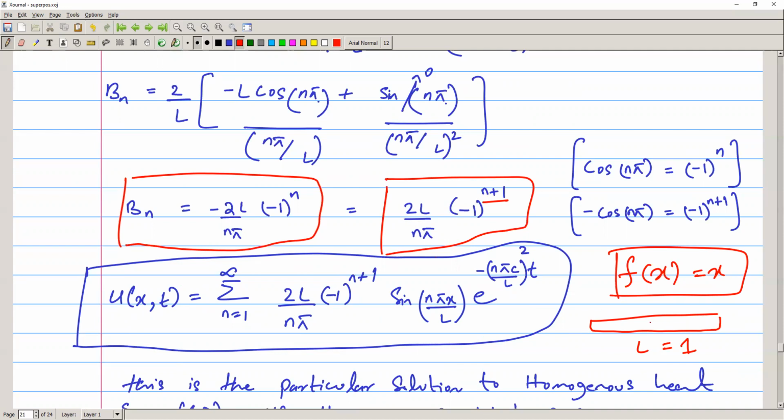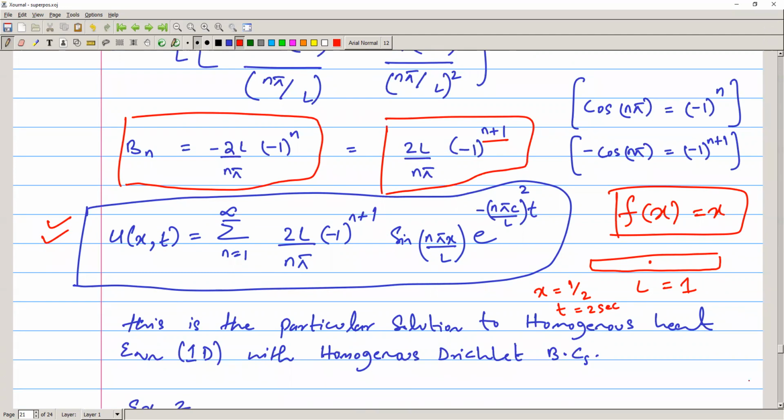And if we want to calculate temperature at x equal to, let's say, 1 over 2, then we will put 1 over 2 instead of x everywhere, and let's say we want to calculate at x equal to half and t equal to 2 seconds. So we can calculate the temperature from this equation at any point in the rod at any time, right? So this is the basic idea of the heat equation.